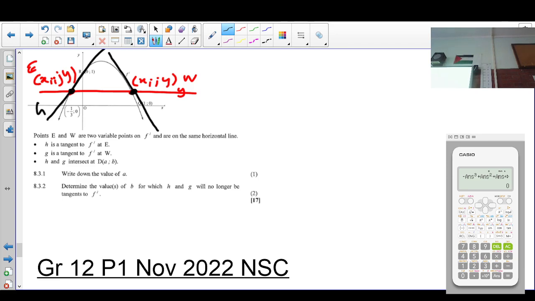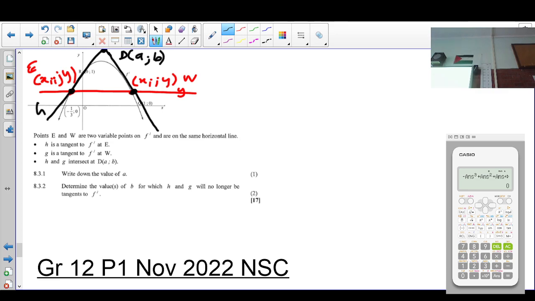H and G intersect at D. So D is this point here, which is A and B. Write down the value of A. So for people who need this, if both are tangents and it's lying on the same horizontal line, the two tangents' gradients will be basically opposite, the additive inverse of each other.